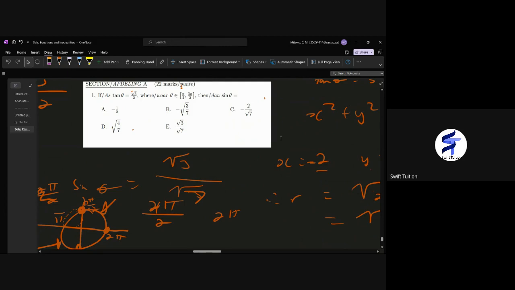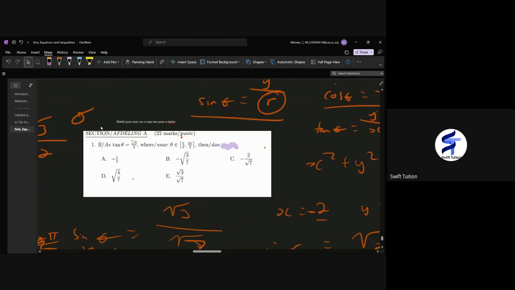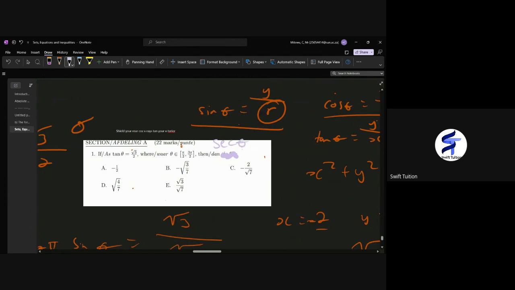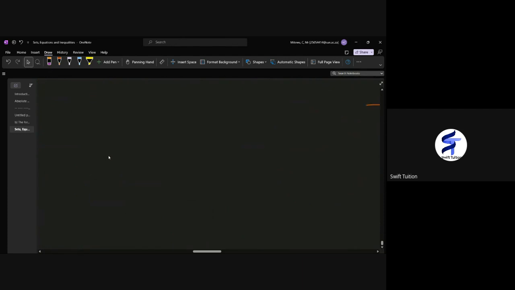So they could replace the sine of theta with something like secant theta. In which case, you're still going to apply the exact same approach, but you know that secant theta is the reciprocal of cosine, so it's 1 over cosine of theta. You find whatever cosine of theta is, then divide 1 by that.